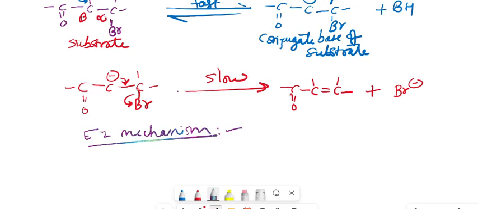E2, as its name implies, is elimination bimolecular.